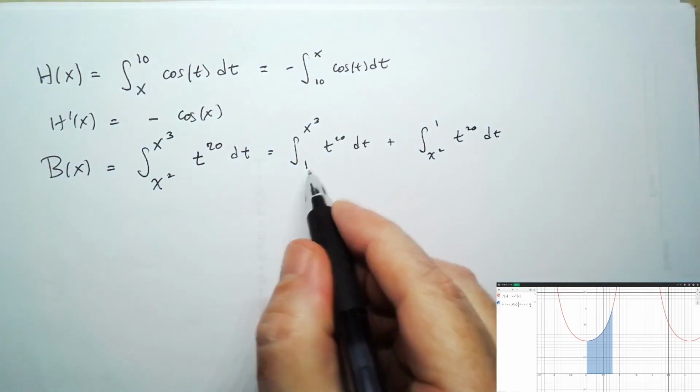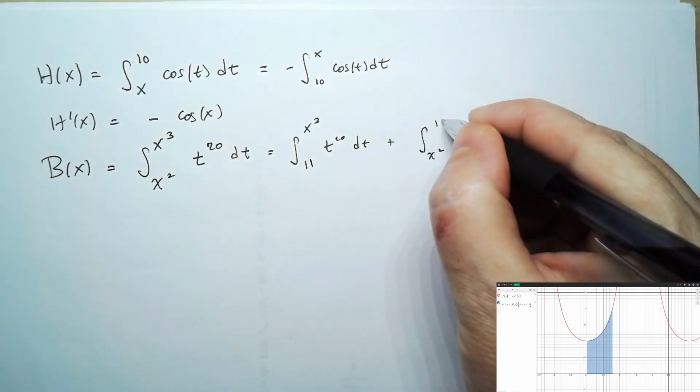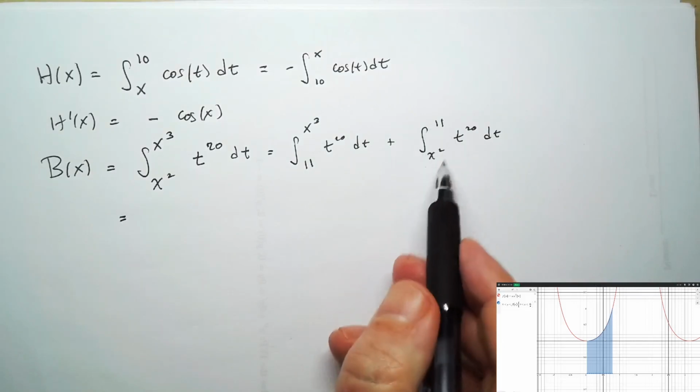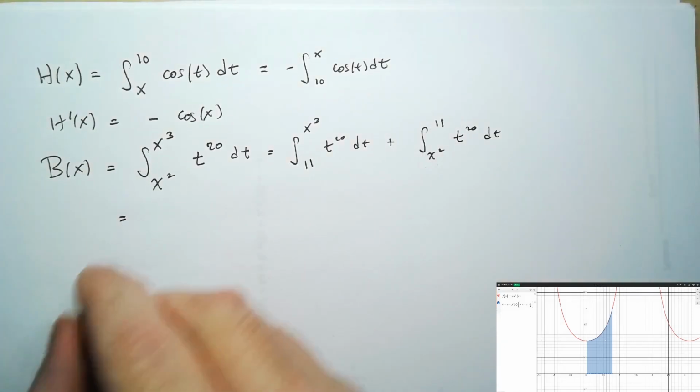It doesn't matter what this number is. It could be 11 if we wanted it to be. Now I could flip the endpoints of integration here in the second integral.